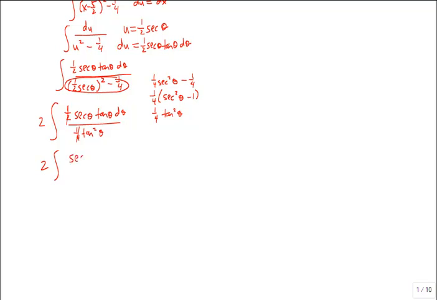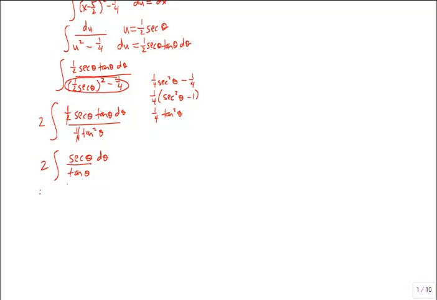So I'll still have that secant theta d theta on top, but I'll only have one tangent theta left on the bottom. Now neither of these are squared, so this wouldn't be a good candidate for using any kind of Pythagorean identities because I would need secant squareds or tangent squareds. So since I don't have that, probably the strategy that I would use would be to convert these back into sines and cosines so that I can see what I'm dealing with.